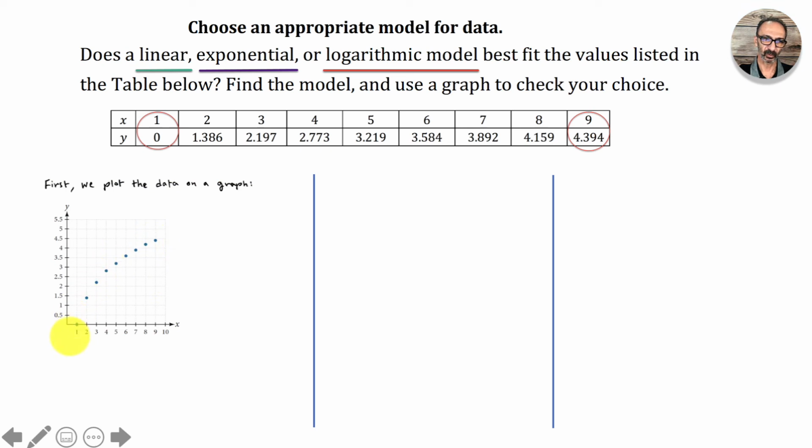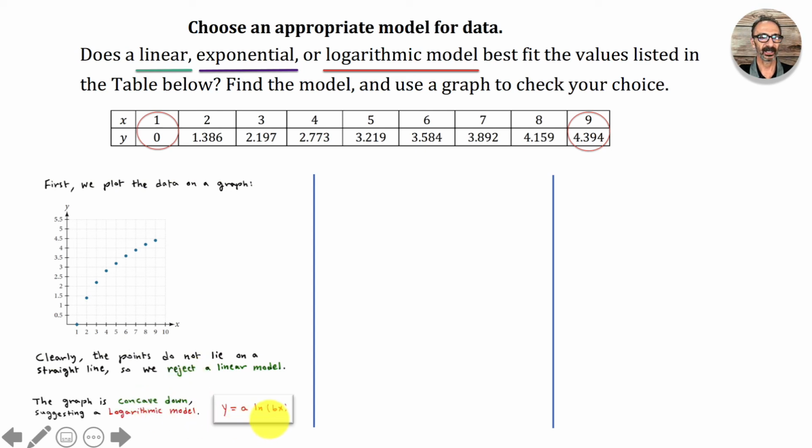Because it's going through 1, 0, it's logarithmic that is not shifted right, left, up, or down. So we're going to reject linear. We're not going to take exponential because it's not concave up. And we're going to use a simple formula, which is a times ln bx. You could use log, of course.